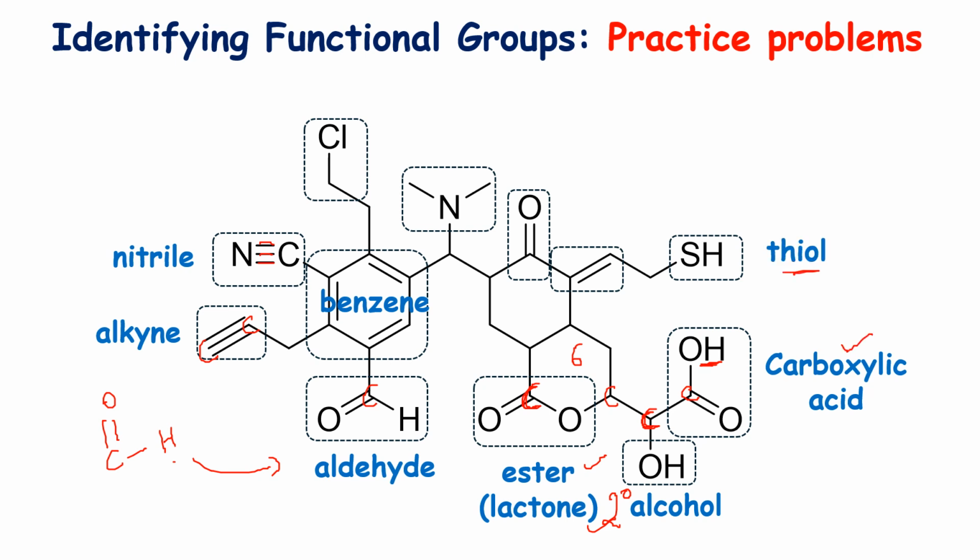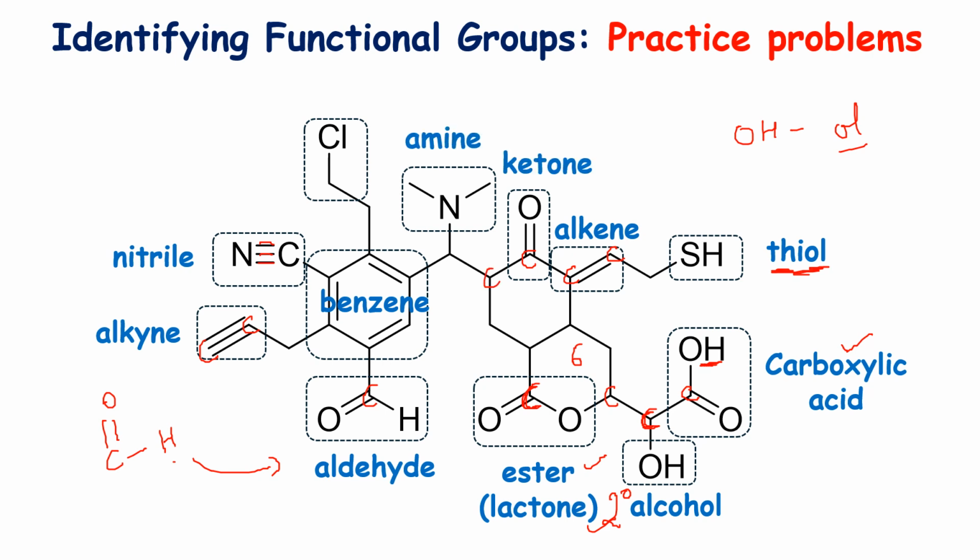SH is thiol, because we know that OH is alcohol, which is represented by ol. So sulfur is thio group, thio plus ol, thiol. Carbon-carbon double bond is alkene. Carbonyl on both side carbon is ketone.